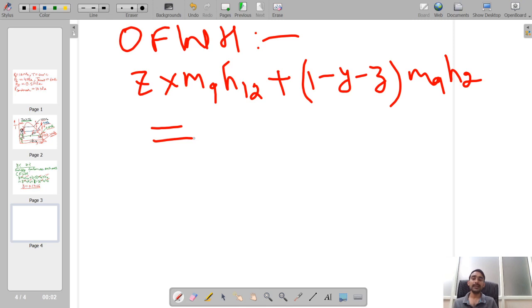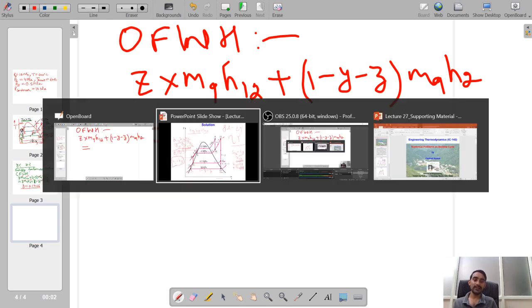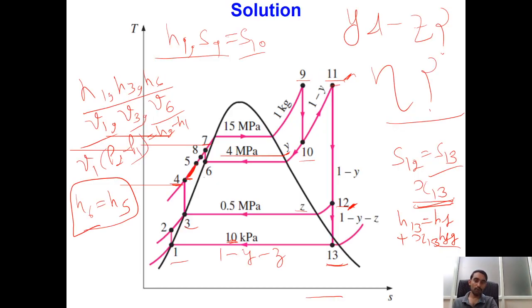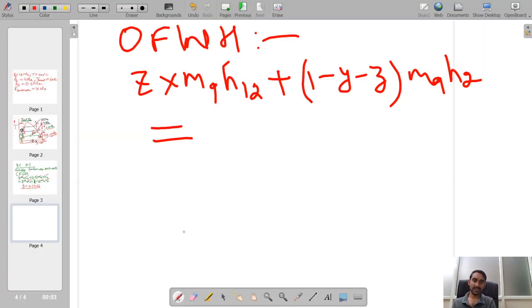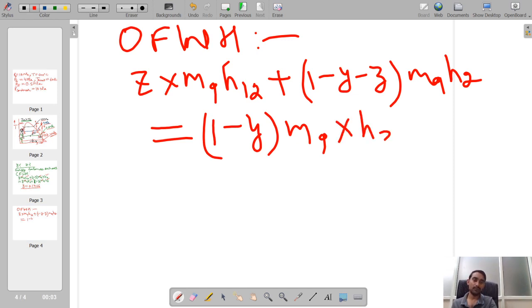Now what is happening inside the open feed water heater is both these 2 and 12 are physically mixing, and then they are giving us enthalpy corresponding to point number 3. So when this 1 minus Y minus Z and Z are mixing, we will be getting the final mass as 1 minus Y times M9, and at the end we will be finding our enthalpy of point number 3.